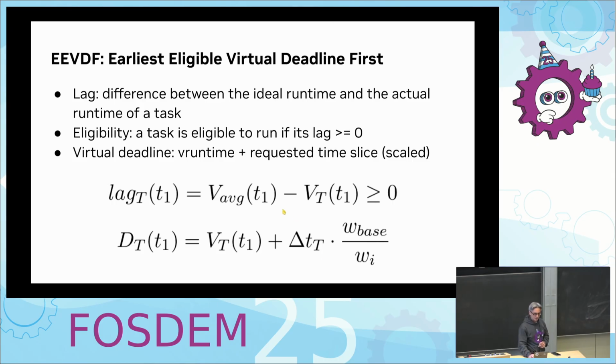There's also the concept of lag, which, this is not the definition that is in the paper, but it's more understandable intuitively. Basically, it's the difference between the ideal time and the actual time that a task got. And the lag determines the eligibility, meaning that you can schedule a task only if it has a lag greater than 0, meaning it got less time than the ideal time that it should have gotten. And it's a way to enforce fairness more.